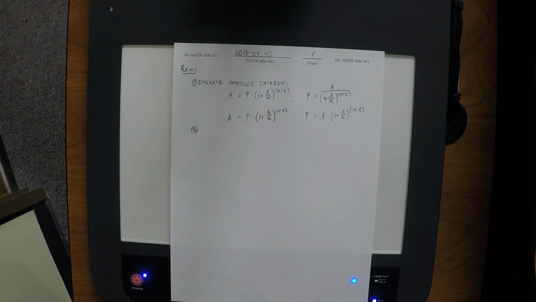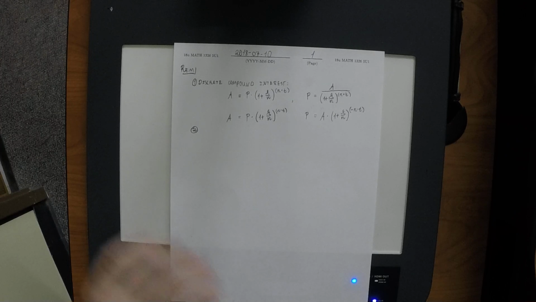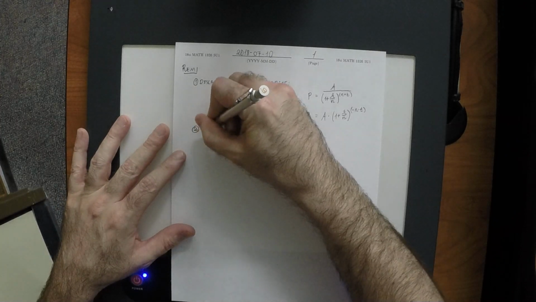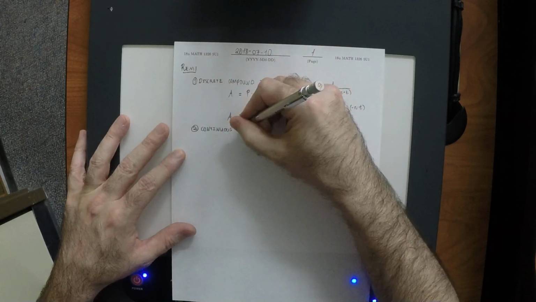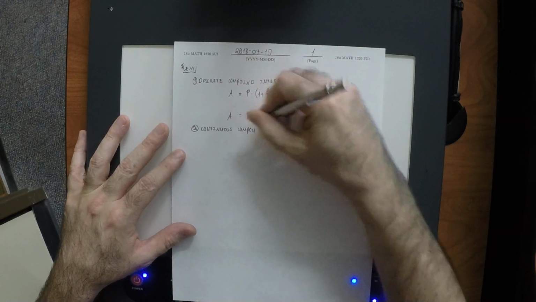And then if you let n go to infinity, that's conceptually saying let the number of compoundings become infinite, right? More than once a month, more than once a week, more than once a second. Continuous. So this is the continuous compound interest model.